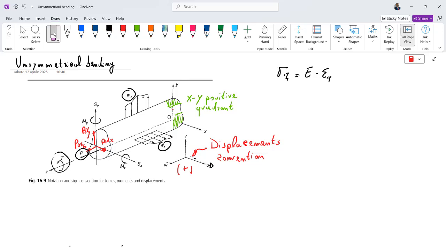So this is a simple convention that we use starting from here, but also from the previous lecture.